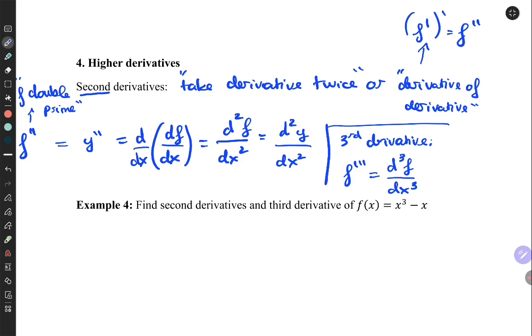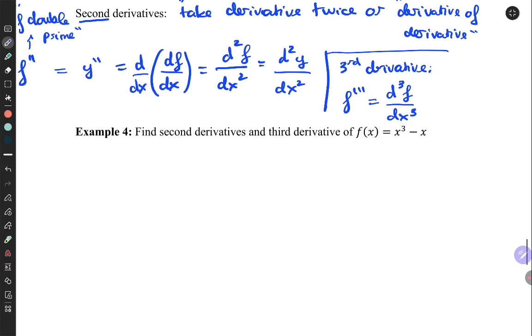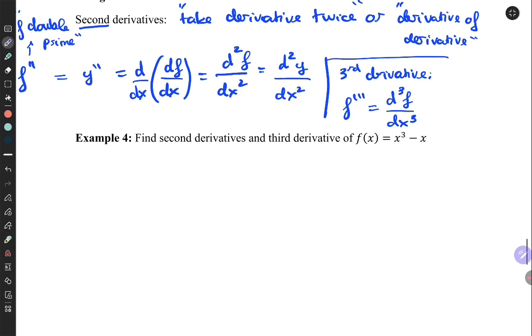So take the second derivative and third derivative of that function. Actually, in order to get the second, you need the first. You cannot bypass that.